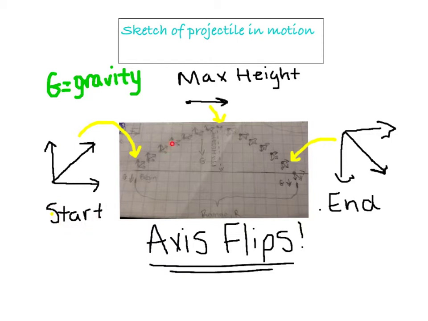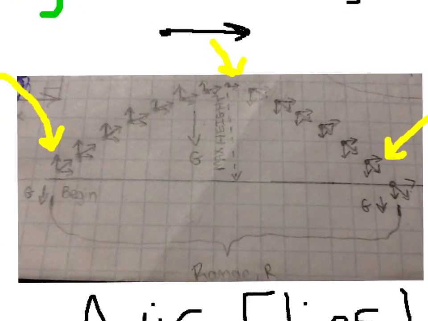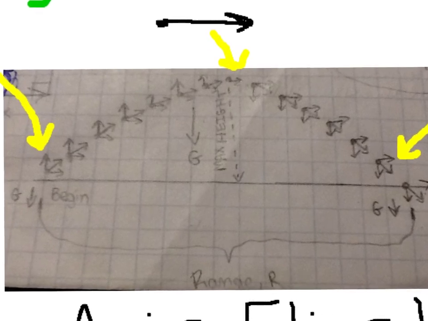Then, once it reaches the max height, it stays at the same level, and then while it goes down, because of gravity, the axes flip, and then it ends just like this. Now I'm going to zoom in so you guys can take a look on your own as to what the projectile will look like in physics terminology.